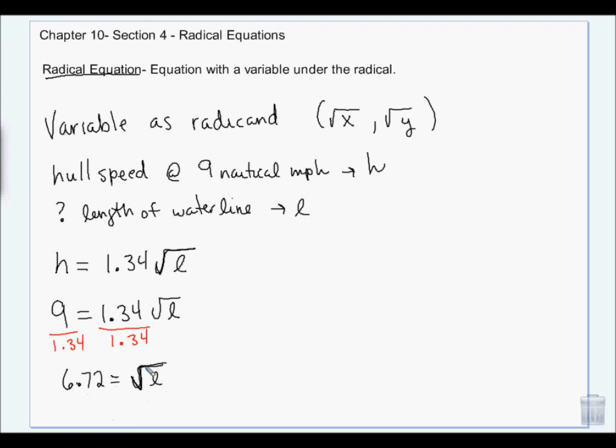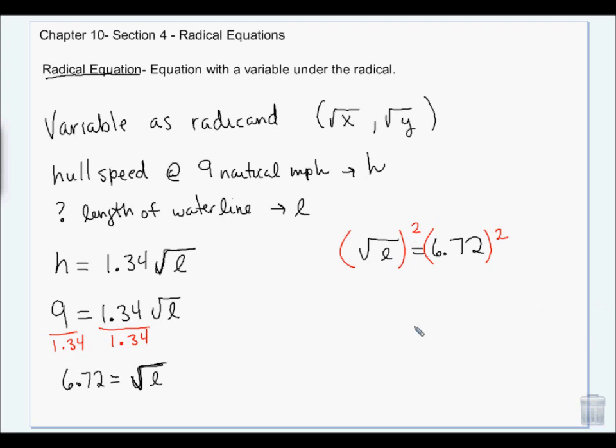Now how do we clear a square root? Much in the same way multiplication and division are opposites of each other, squares and square roots are opposite of each other, so they cancel each other out. So in order to clear the square root, we square both sides.